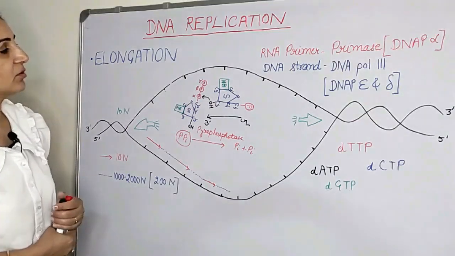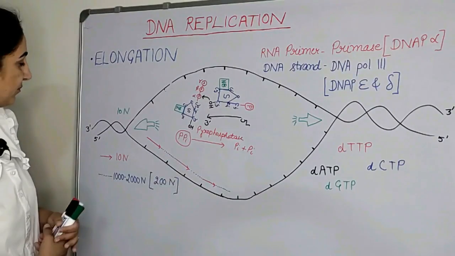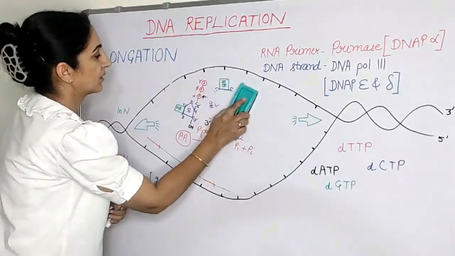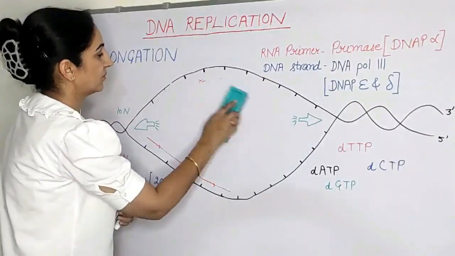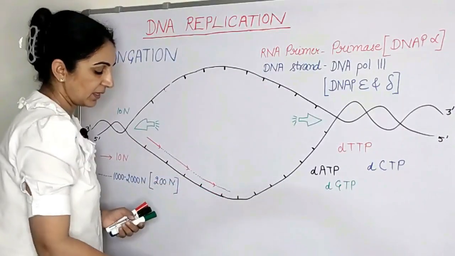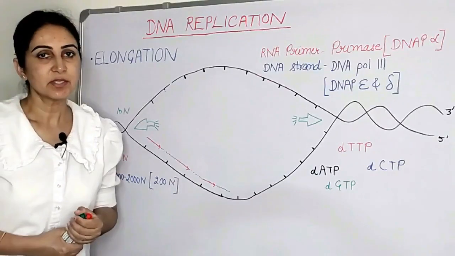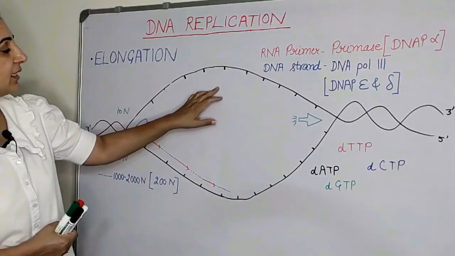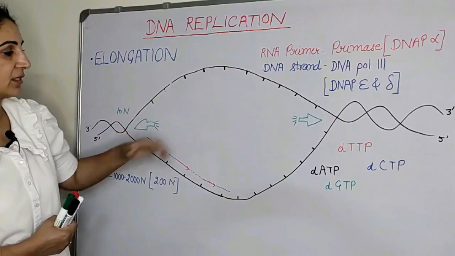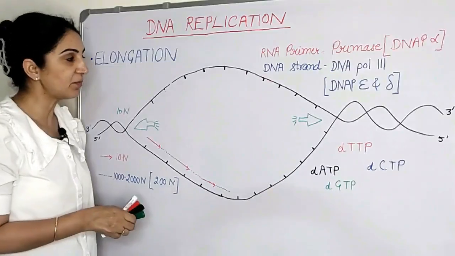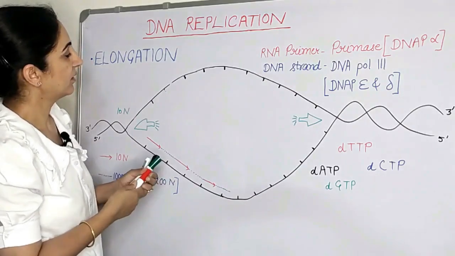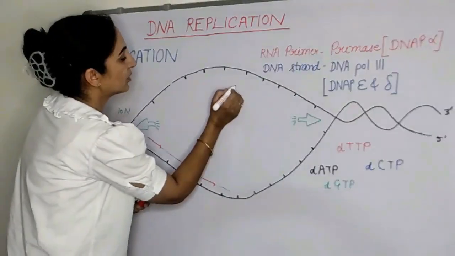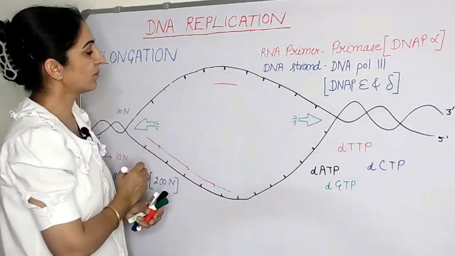So let's see certain salient points. First thing is, you never make the DNA strand from the start, rather you need an RNA primer first. So suppose this is the RNA primer.